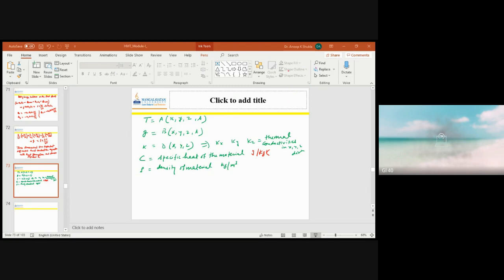So we replace three parameters with one parameter called the thermal diffusivity of the material.